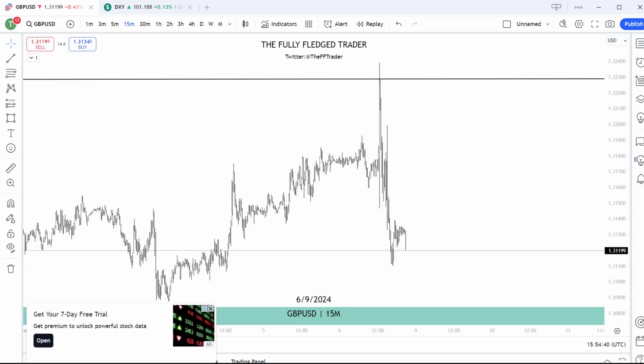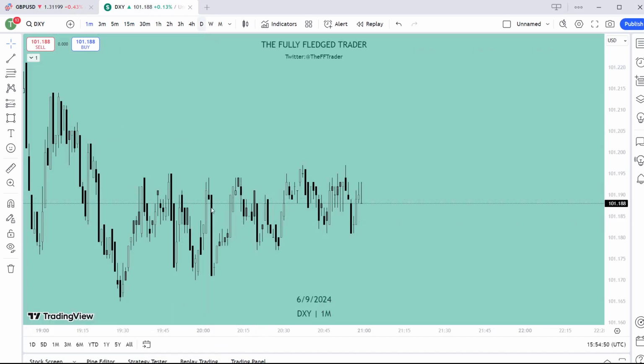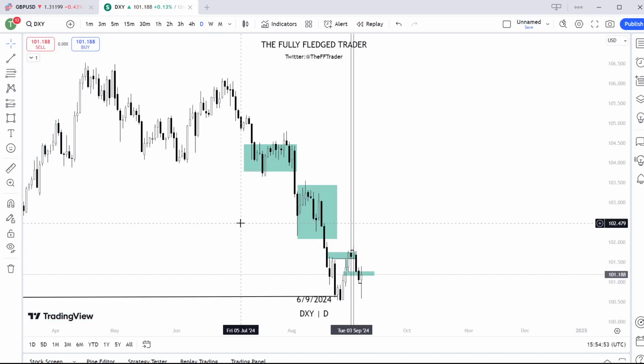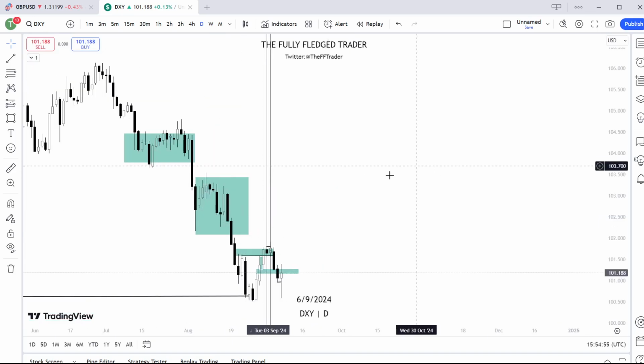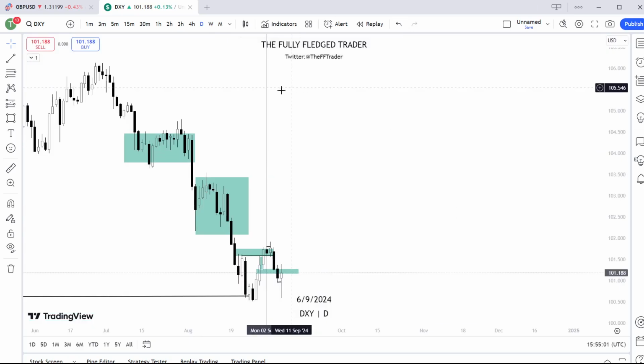For the DXY there, I'm gonna go to the daily chart. I see that I was already following the move there. I'm just gonna delete the lines there.